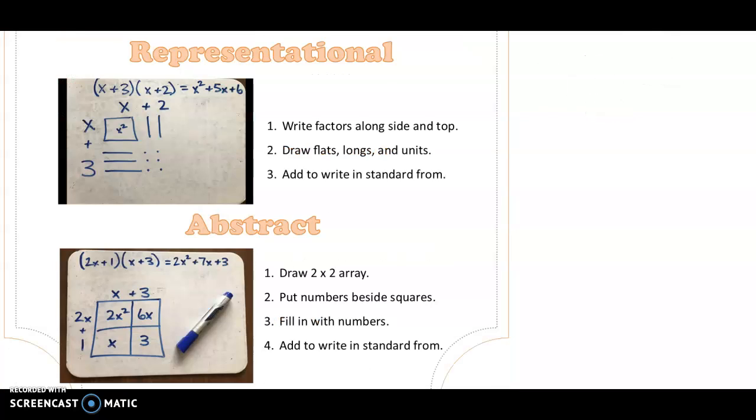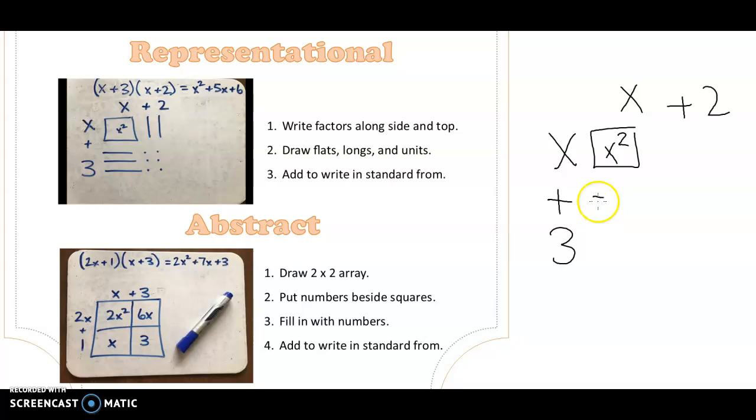After the students have caught on to the concrete using the manipulatives, then we can move on to drawing rather than building. So once again, we'd follow the same steps, but we'd be drawing it instead. Our students would start out by writing out the problem across the side and the top. And now instead of placing post-its, they're going to actually draw, just like I did last time. They're going to have flats and longs, and then the units.